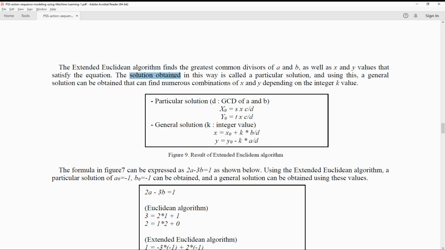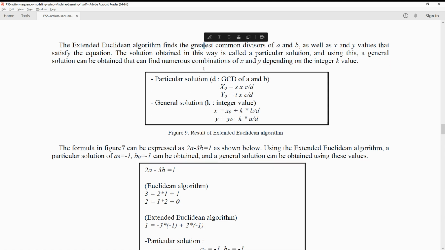The solution obtained in this way is called a particular solution, and using this, a general solution can be obtained that can find numerous combinations of x and y depending on the integer k value. The particular solution: D, GCD of A and B, x0, y0.